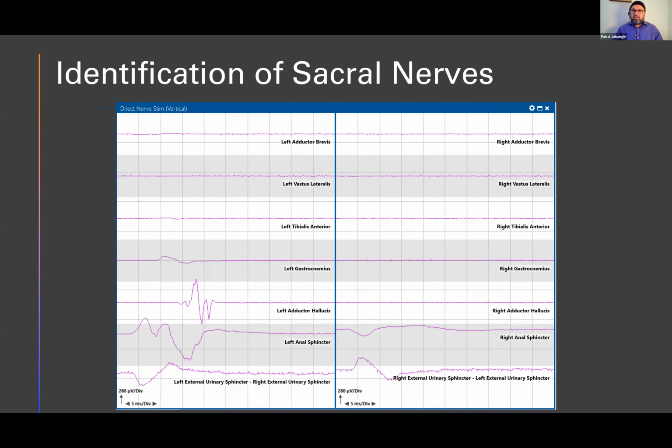So if you add the external urinary sphincter, you are monitoring the roots of the pudendal nerve going to the bladder as well as the roots going to the external anal sphincter. Those terminal roots are most likely the ones affected in these pelvic surgeries, so you can identify them separately.